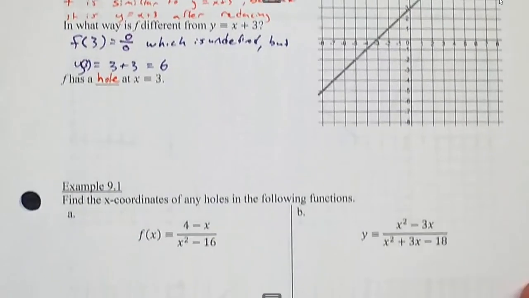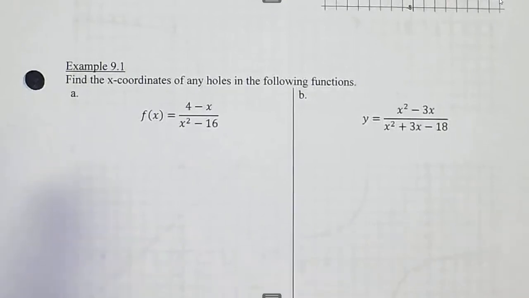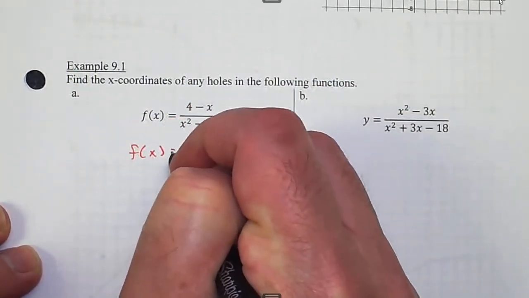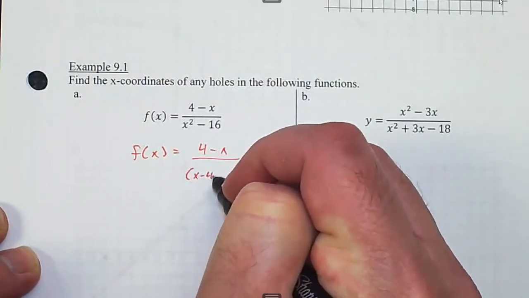All right, so let's just practice doing the algebra to find the x-coordinates of any holes that might occur. If there aren't any holes, then we don't worry about it. All right, so on A, I'll factor. This factors as x minus 4, x plus 4.